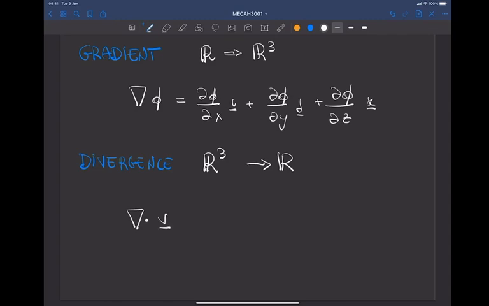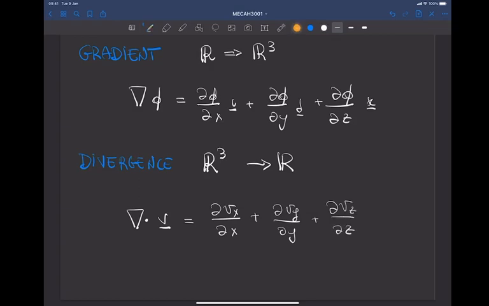The divergence is indicated by this nabla dot, and this will be the sum of the partial derivatives of the three components of velocity in the three directions. So it will be dvx with respect to x plus the derivative of vy with respect to y plus the derivative of vz with respect to z.